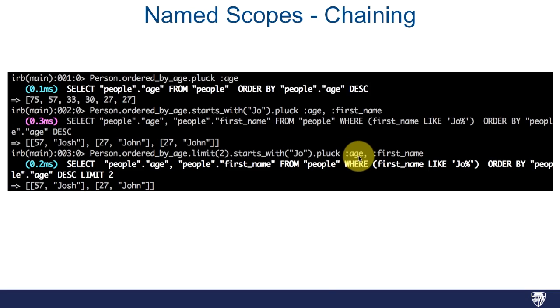So you could do give me the age and the first name column. So that's what it gives you. It's ordered by age. It's only 2 records instead of 3, and you get 2 records back after this query using the named scopes, in this case ordered by age and starts with Joe.